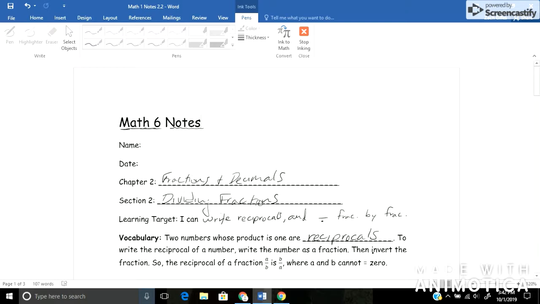Okay, so invert there just means put your numerator as your denominator and your denominator as your numerator. Also, when you hear product, you should be thinking about multiplying. So when you multiply reciprocals, you should get an answer of 1. Okay, and I'll show you that here in just a second.